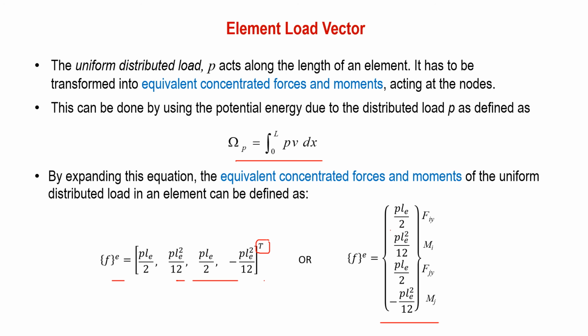The first term here is dedicated to the force at node I. The second term is dedicated to the moment at node I. The third term is the equivalent force at node J. And the last one is the equivalent moment at node J.